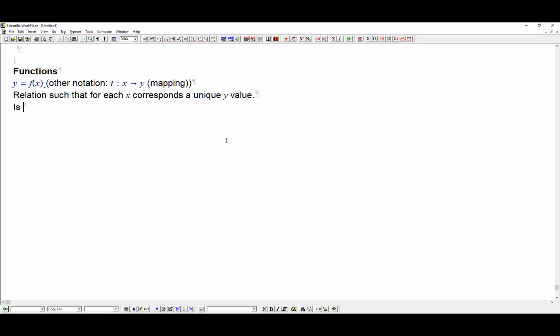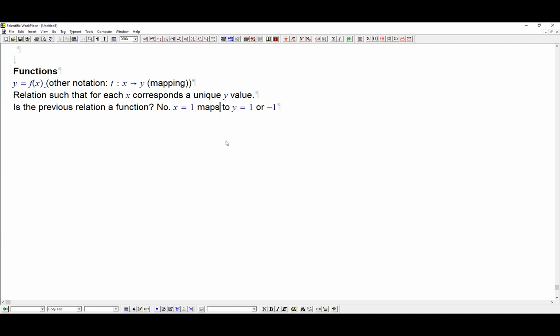So is the previous relation a function? No, because for instance, we had x equals 1 maps to y equals 1 or -1.